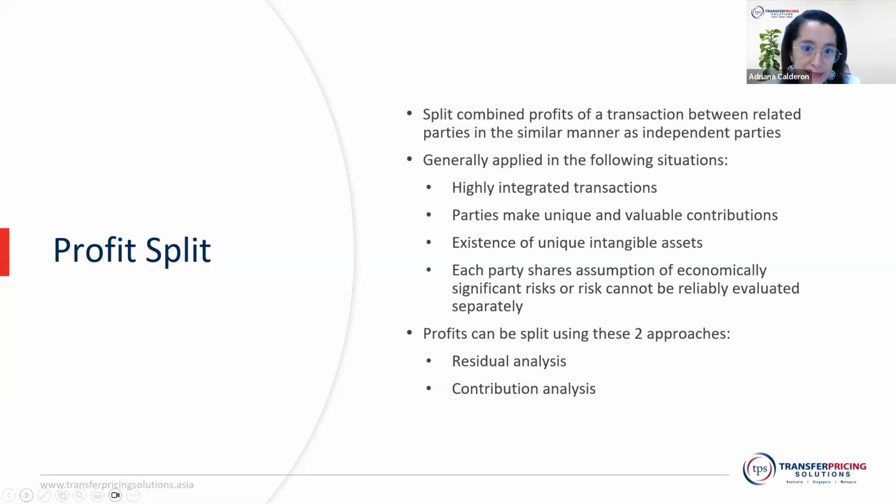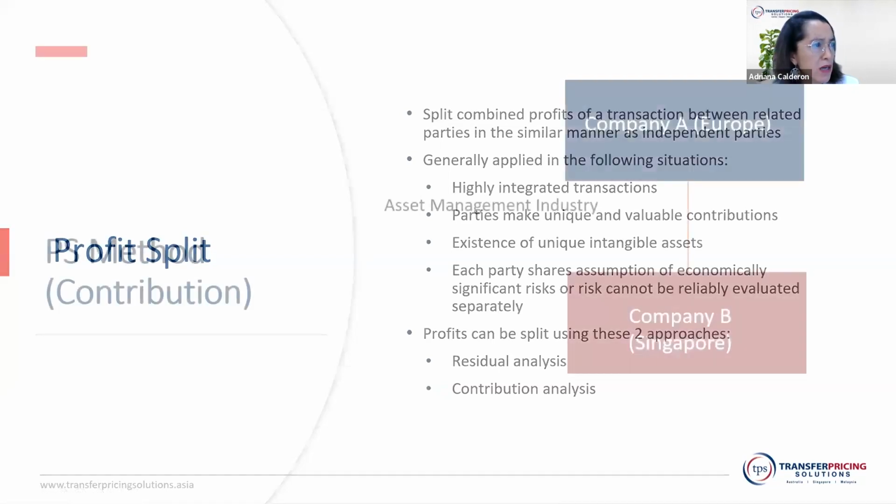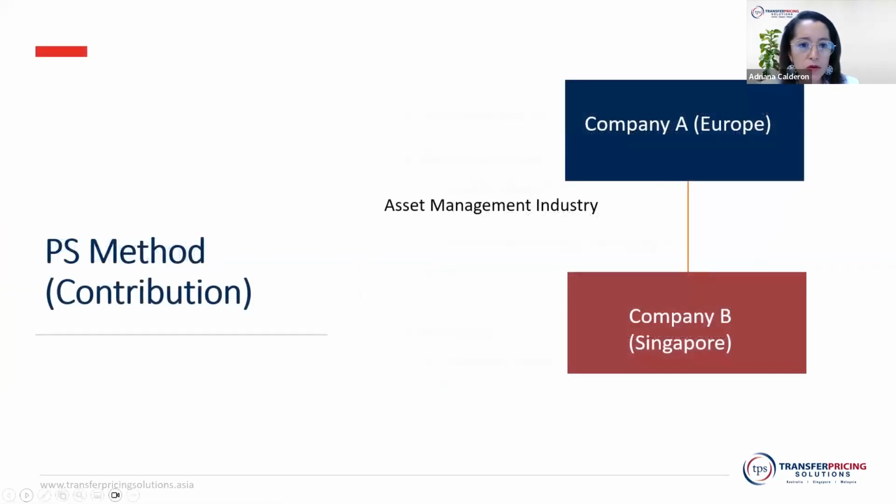Let's see a couple of examples, because theoretically this can be kind of easy to understand, but in our experience it is not that easy to implement. Let's see an example on contribution.